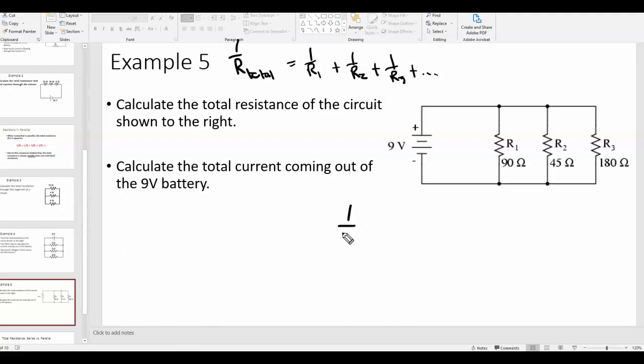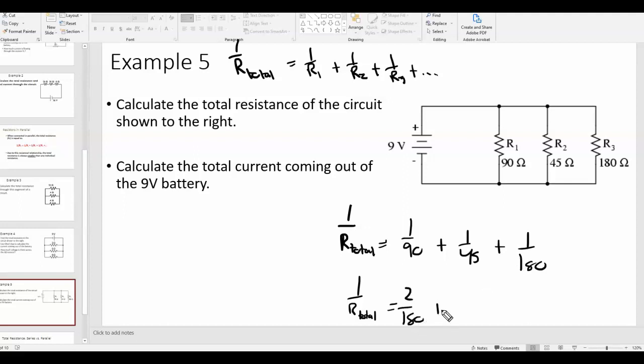Okay, so to find the total resistance, 1 over R total should be equal to 1 over 90 plus 1 over 45 plus 1 over 180. I could do that in the calculator if I wanted to, but just to save time, I'm going to use the least common denominator, which looks to be 180. So that's going to be 2 over 180 plus 4 over 180 plus 1 over 180.